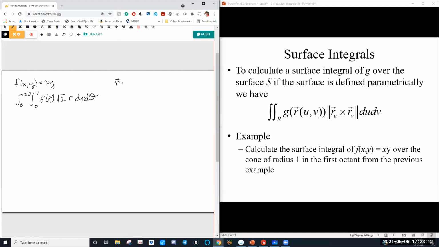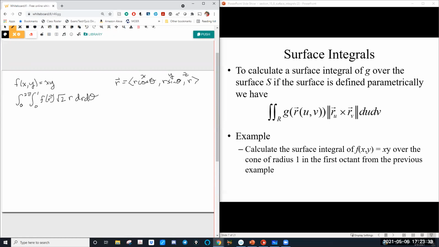Remember that our position vector was r cosine theta, r sine theta, r, which is x, y, z, and we literally just sub in these for the x's and y's.